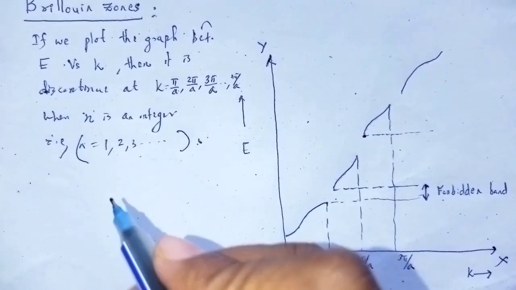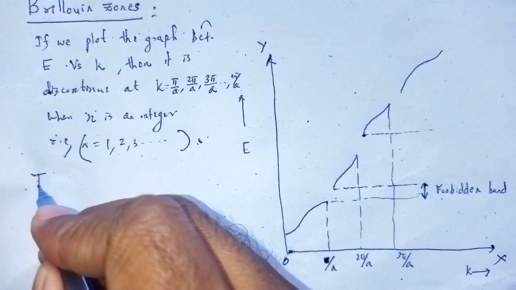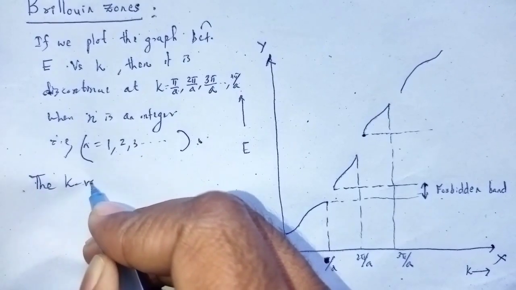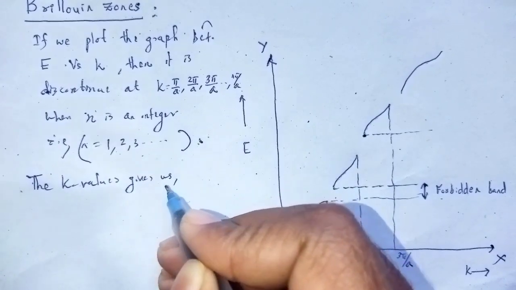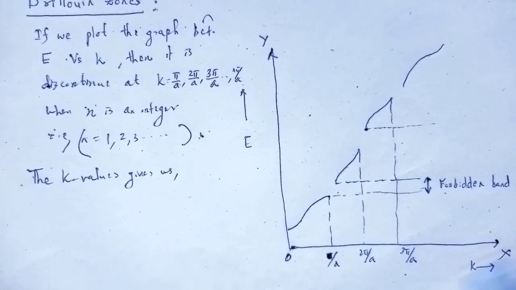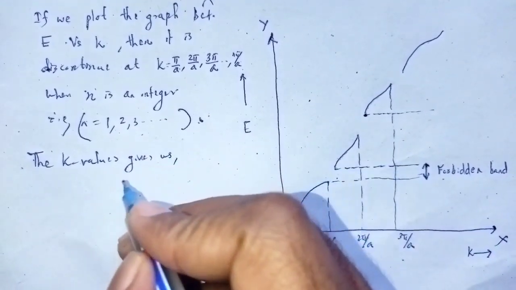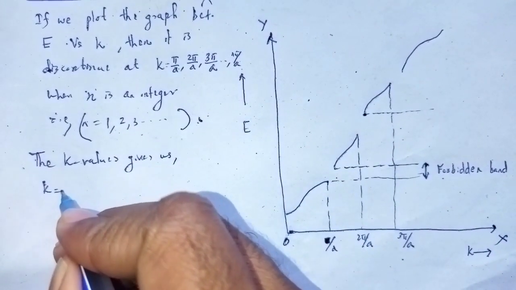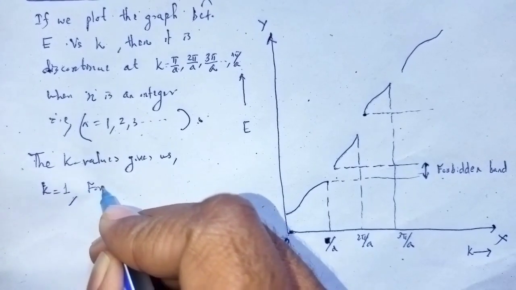These k values give us the first, second, third Brillouin zones. n equal to 1 is for the first Brillouin zone.